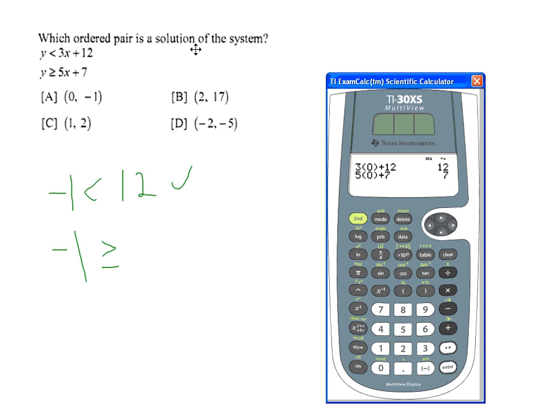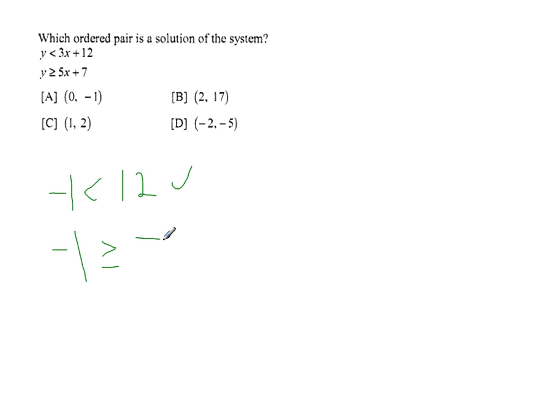Well, it's 7. So we read this as -1 greater than or equal to 7. No, -1 is not greater than 7. So A is not my answer. Okay, so I'm going to have to, and of course I chose the small one. Let's get a bigger one. There we go. So I'm going to do B now.